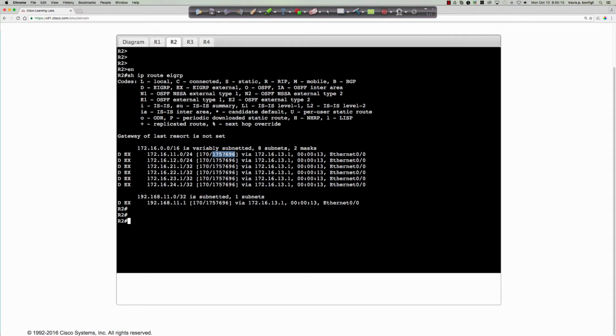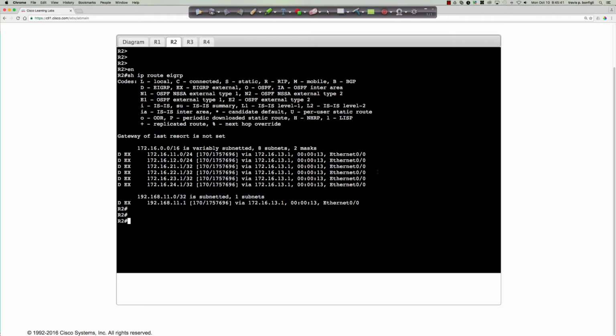So again, you can clearly see these are EIGRP metrics, and we've picked them all up as D EX, so external EIGRP with an administrative distance of 170, and now this routing information is available in the EIGRP domain, and it's available because we have redistributed it from the OSPF domain.